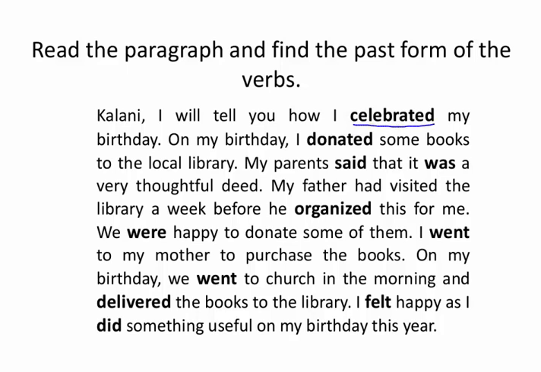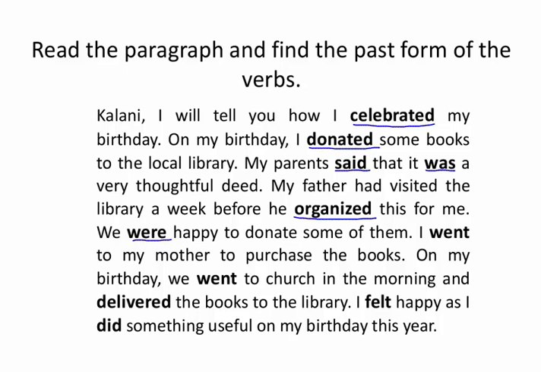On my birthday, I donated some books. My parents said that it was a very thoughtful deed. My father had visited the library a week before. He organized this for me. We were happy.